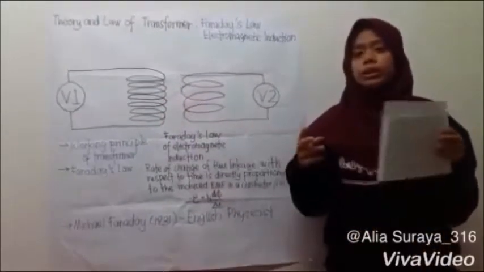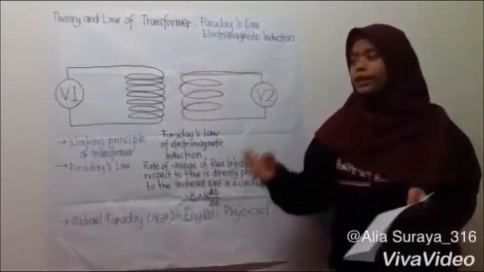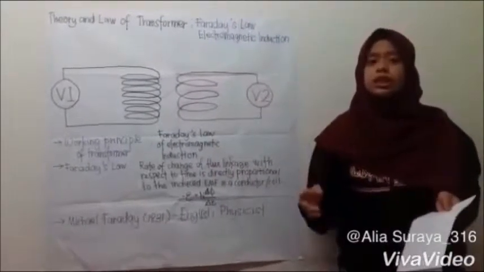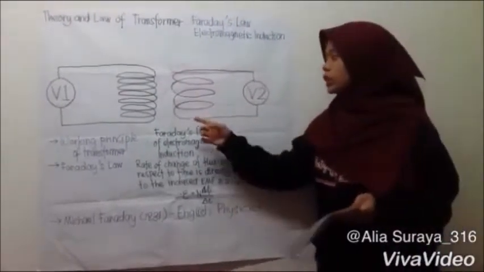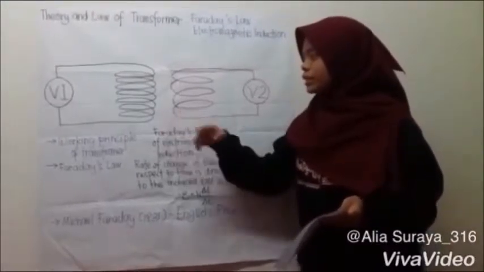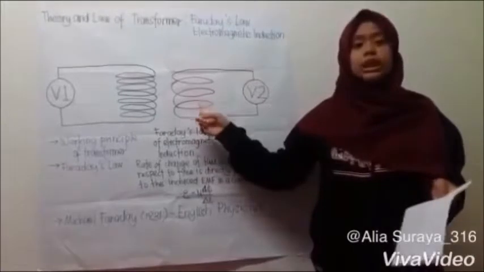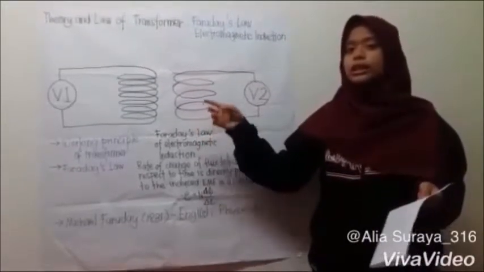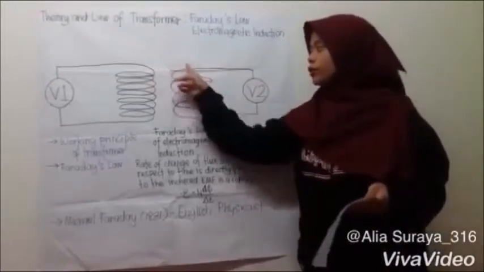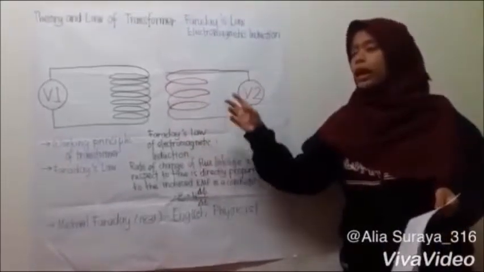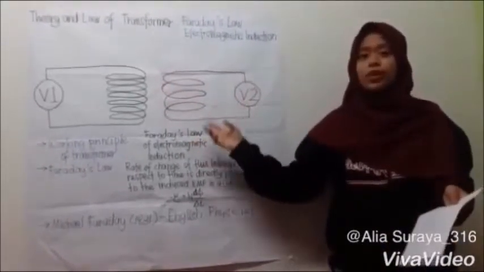This makes a change of current, which also makes a change in the magnetic field. It will induce an alternating voltage in the secondary coil, and also induce an alternating current in the circuit of the secondary coil, so that the induced current happens in the transformer.